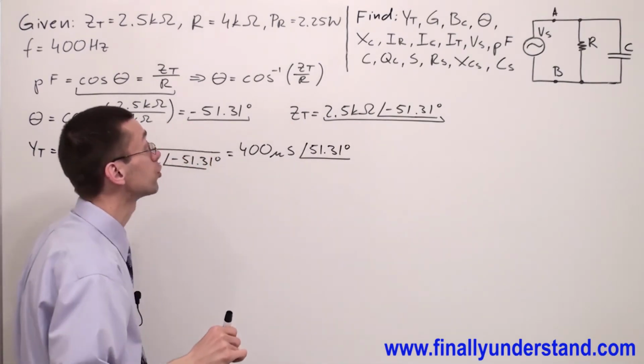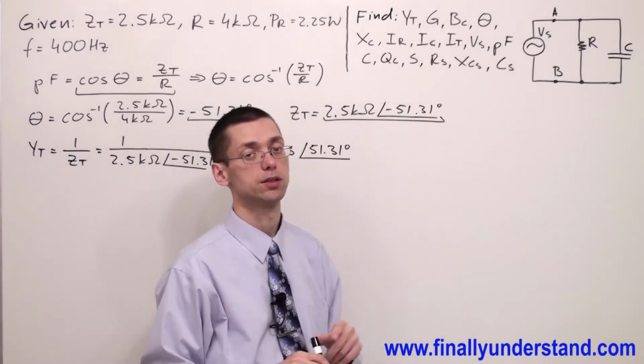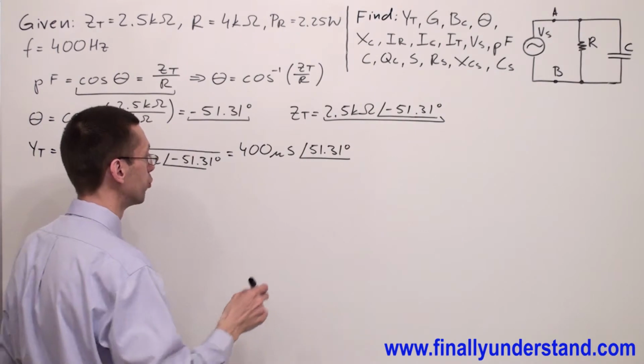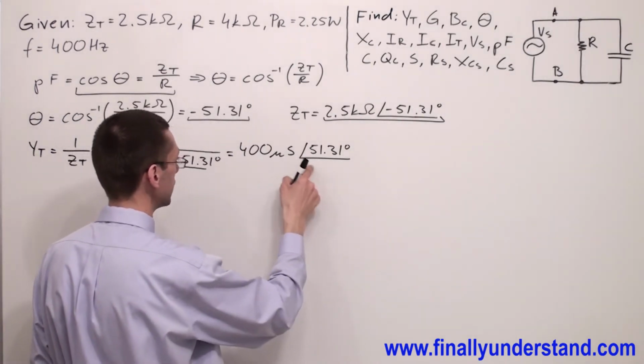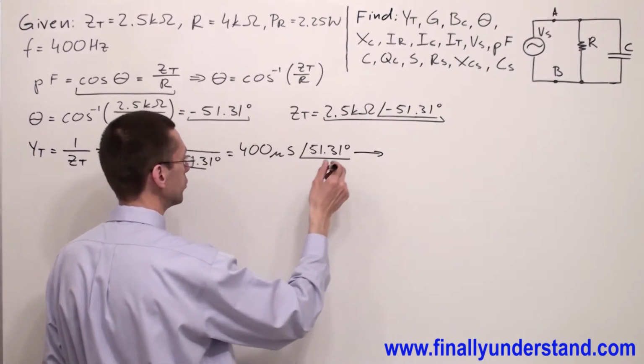Next, we're supposed to find conductance and capacitive susceptance. In order to find these two quantities, we're supposed to convert the total admittance from polar form to rectangular form.